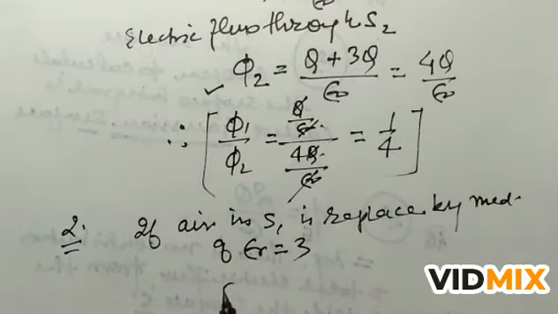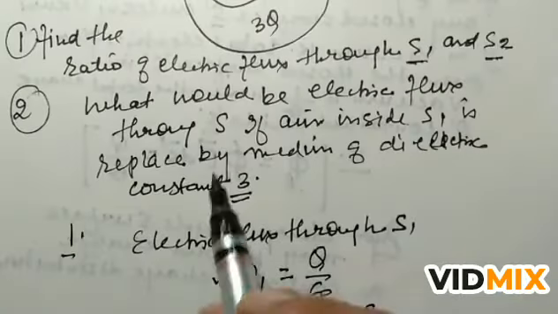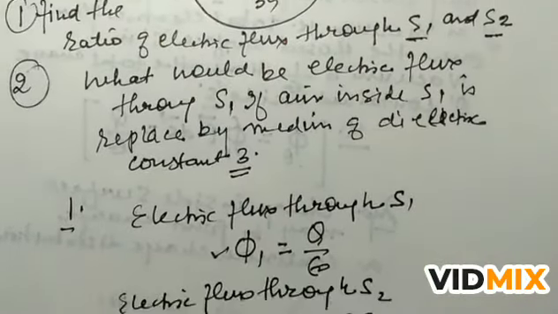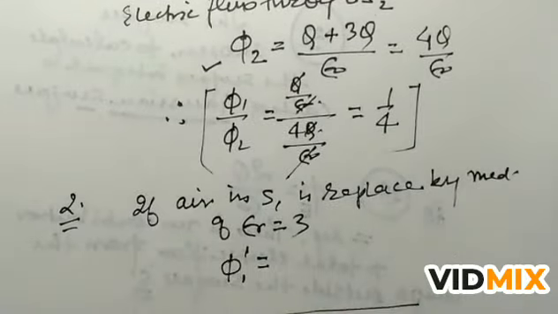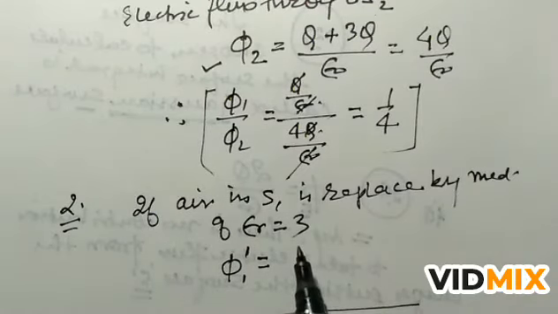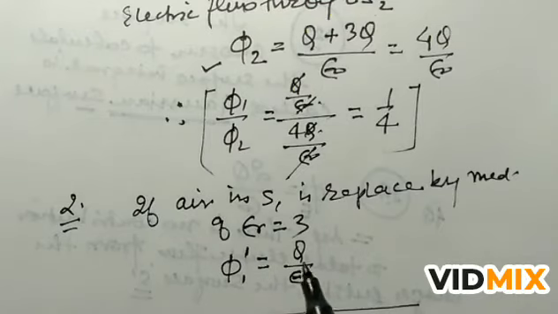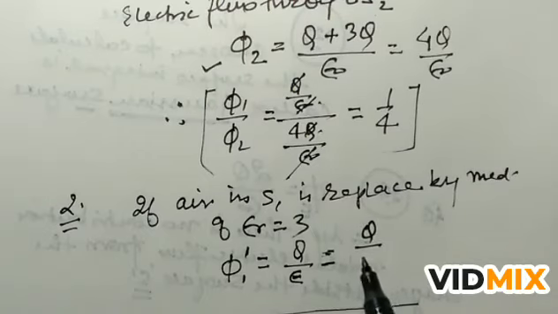So now the flux will be phi 1 dash, this is the surface S1. I am putting dash to differentiate that we are taking another medium. So phi 1 dash is equal to Q by epsilon, which is Q by epsilon naught epsilon r.